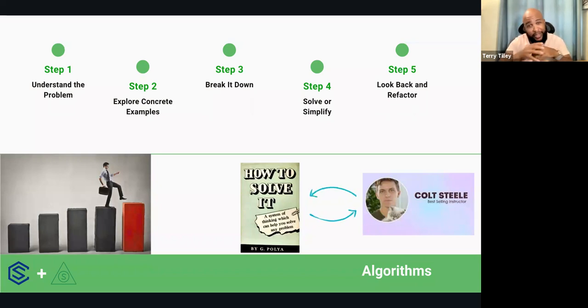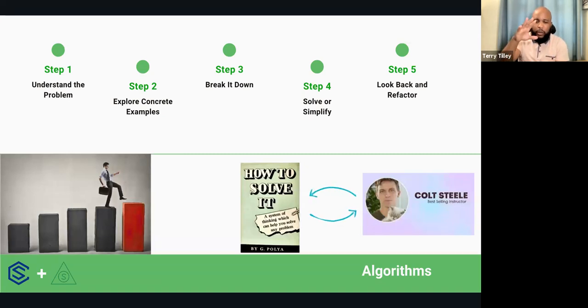I'll let you look up exactly what year that was published. The key thing is, in step 1, can you restate the problem in your own words? Can you come up with your own concrete examples? Think of the tests you may put together to test an algorithm out.